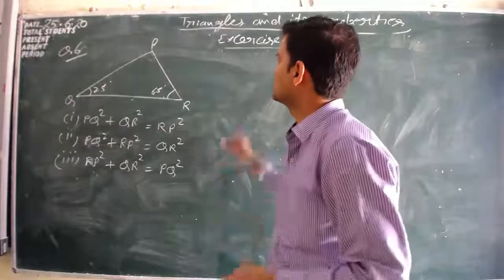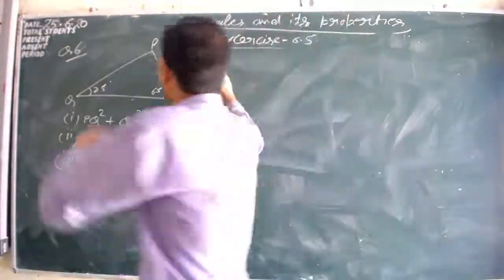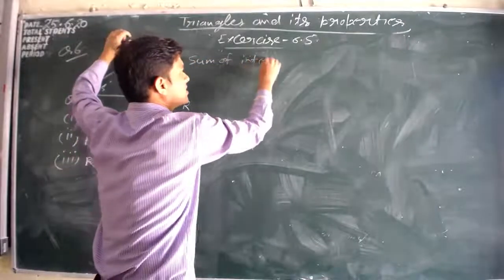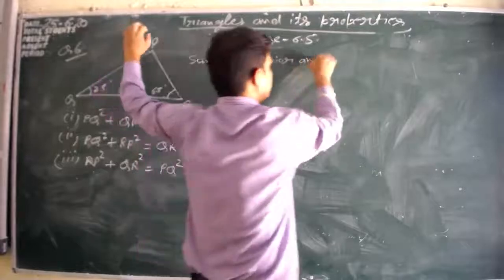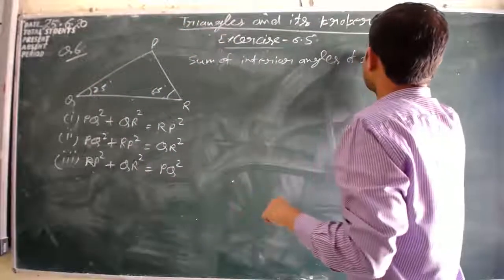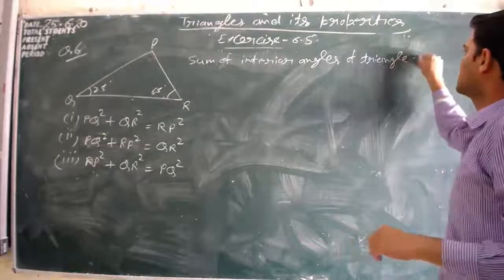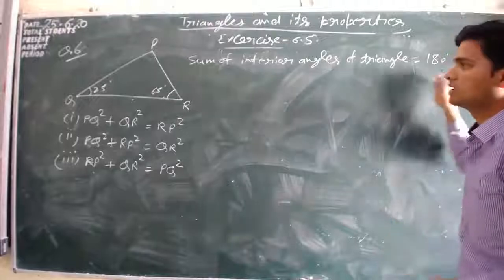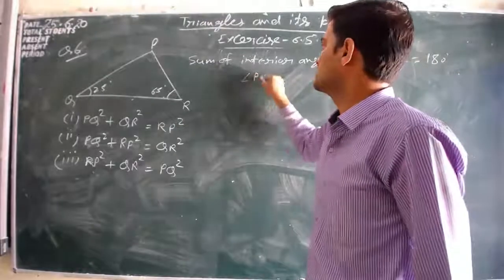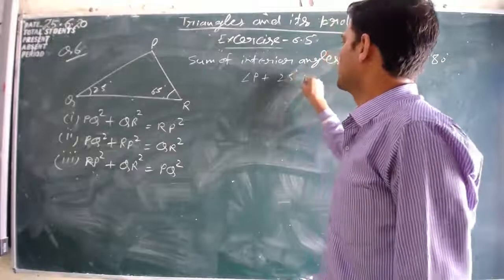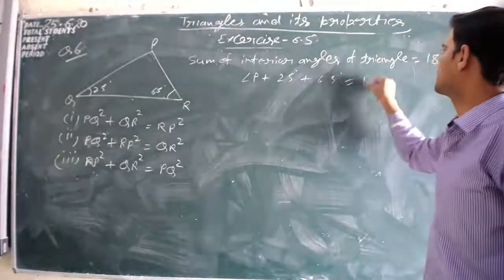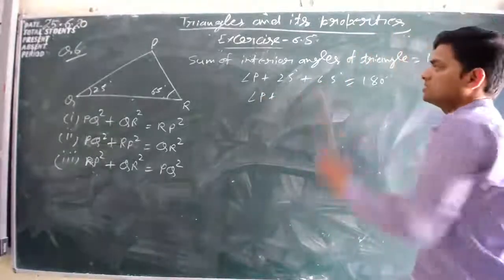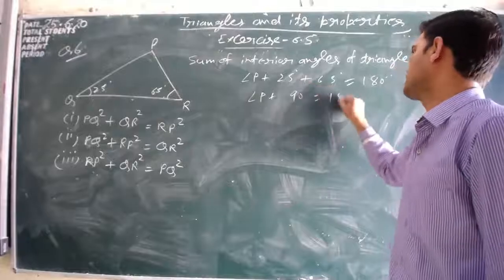Now we know that the sum of three angles of a triangle, sum of interior angles of a triangle is equals to कितना होता है 180 डिग्री. ओके, तो एंगल P प्लस एंगल Q 25 प्लस एंगल R 65 is equal to 180. Clear? Angle P plus sum of these two is equal to 90 and 180.